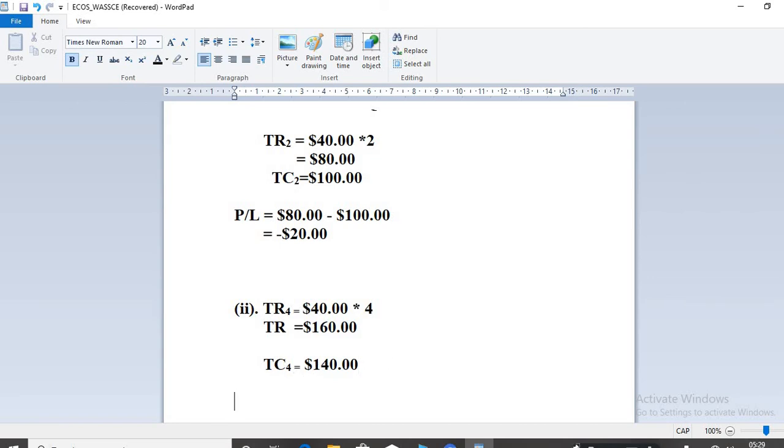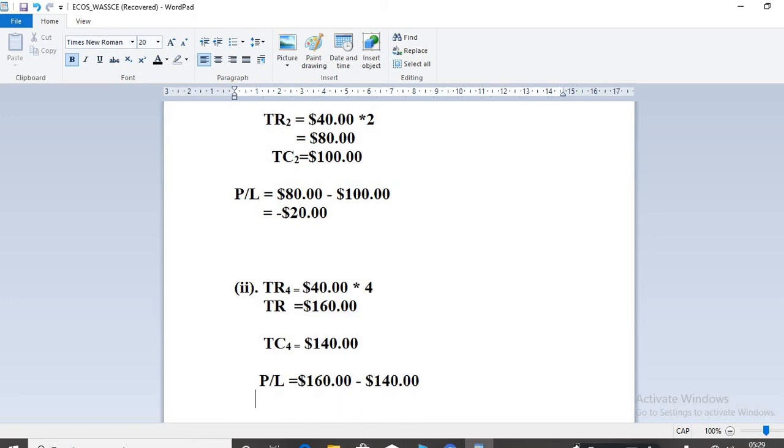Now let's write it into the formula. Profit or loss equals 160 less $140, and this gives us a profit of $20.